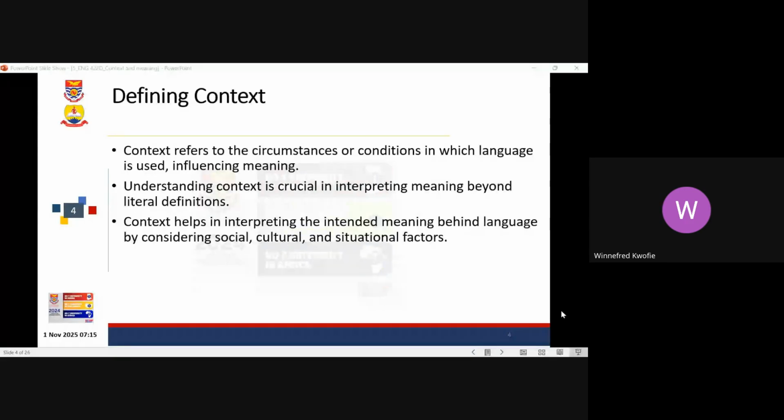The meaning of the word trunk. Yes, madam.